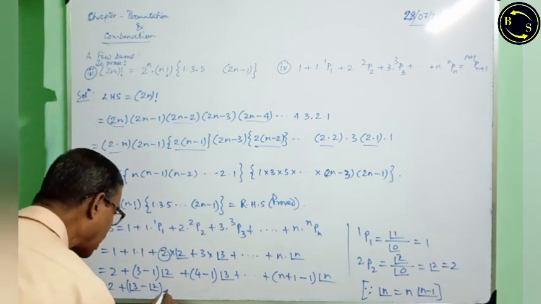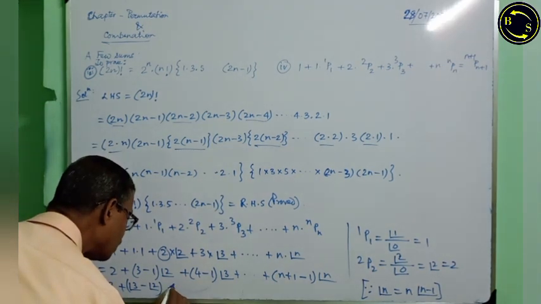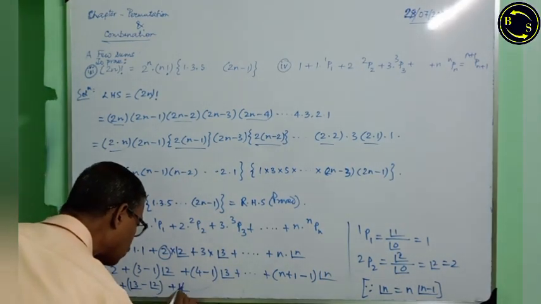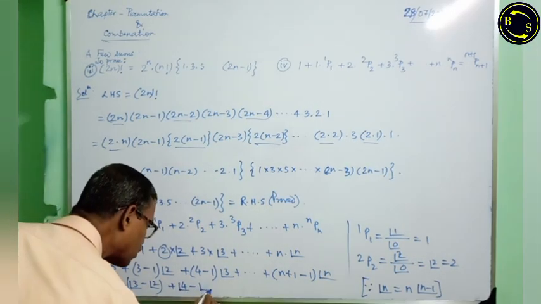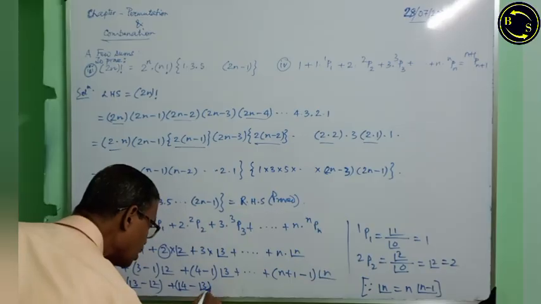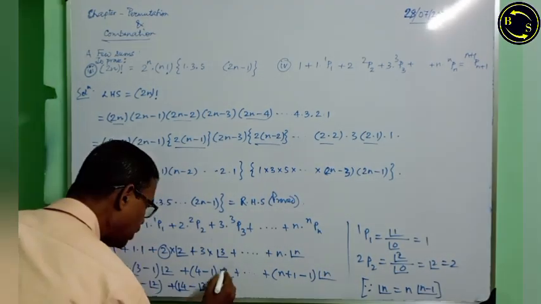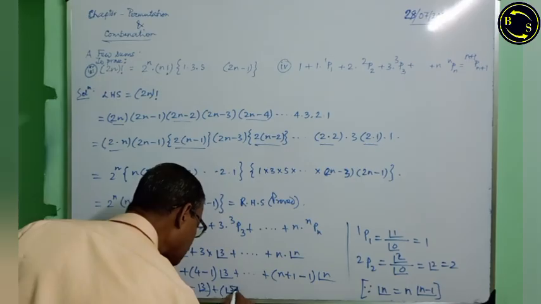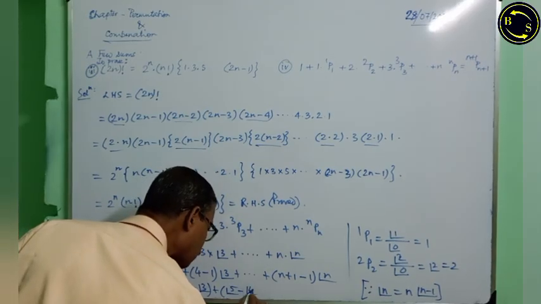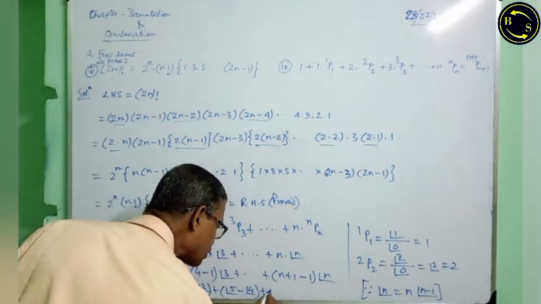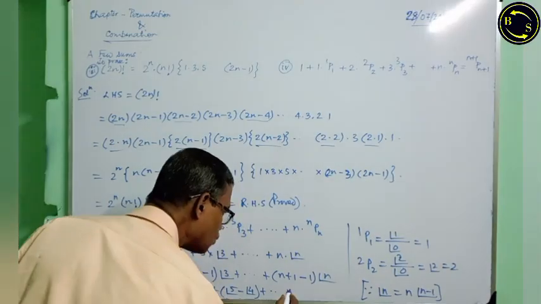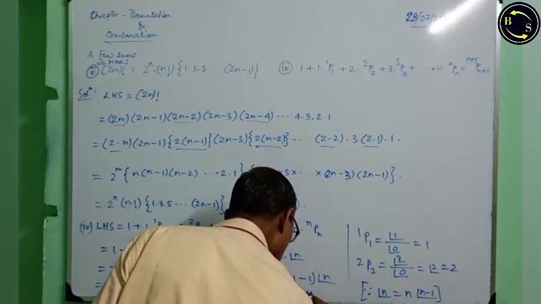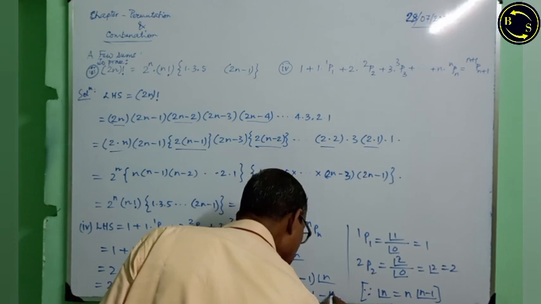I have used that idea. This is 4 into factorial 3 means factorial 4 minus factorial 3, plus next one will be similarly factorial 5 minus factorial 4 plus dot dot dot. The last one will be factorial n plus 1 minus factorial n.